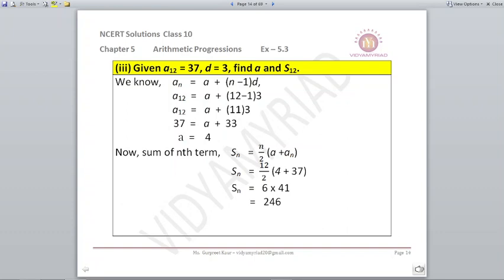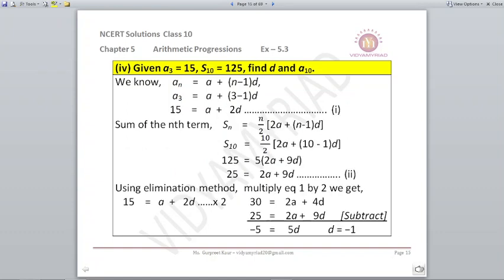So S12 is equal to n upon 2 into a plus an. So n is 12 over here. So 12 upon 2 into a is 4, and a12 is 37. So 6 into 41 comes out to be 246.